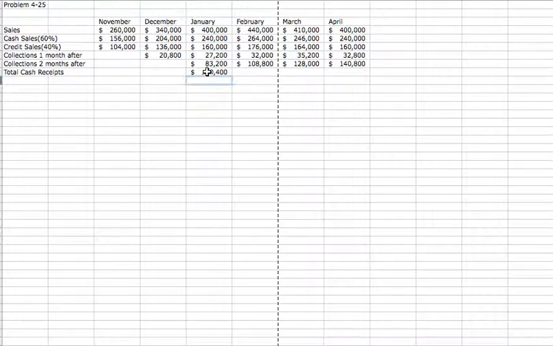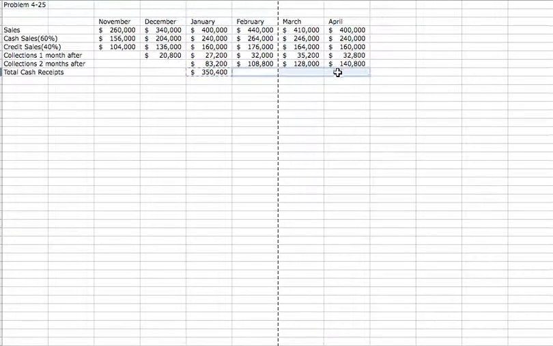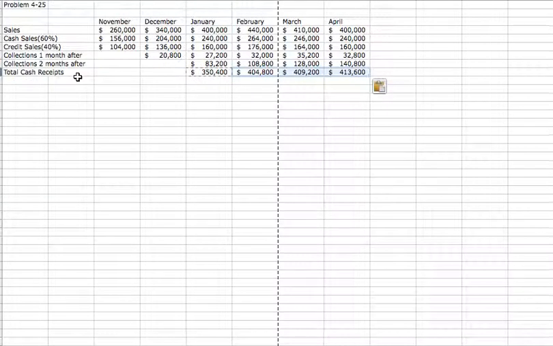This is our total cash receipts for the month of January. And again, I'm just going to go ahead and paste that formula across. So that tells me the exact amount of cash that I should be collecting based on our sales forecasts. That's total cash receipts for each month, January through April. That's our cash receipts numbers.